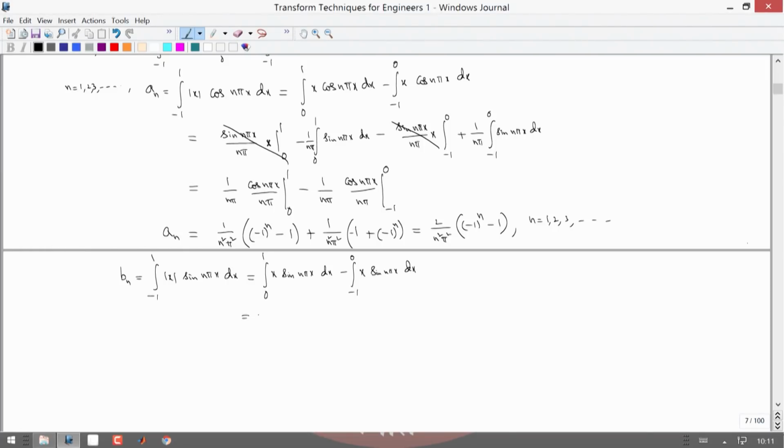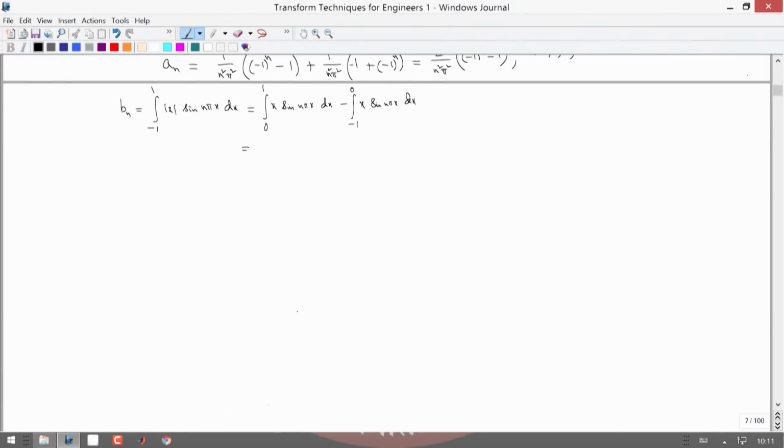If you evaluate this by integration by parts, so minus cos n pi x by n pi times x, you substitute these limits, minus minus plus, you have the integral from 0 to 1 of cos n pi x by n pi dx.